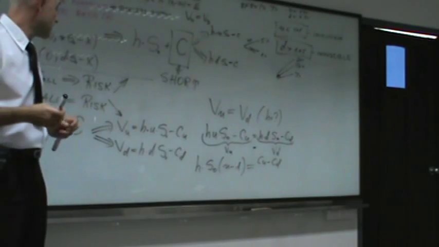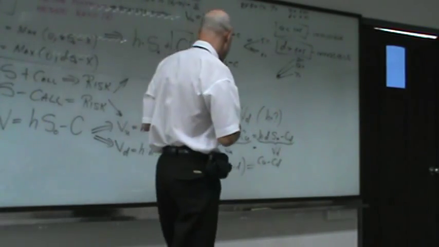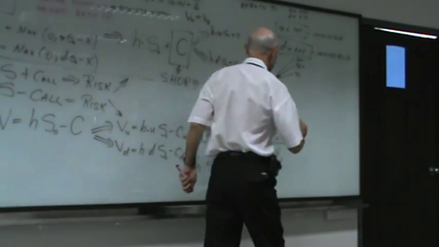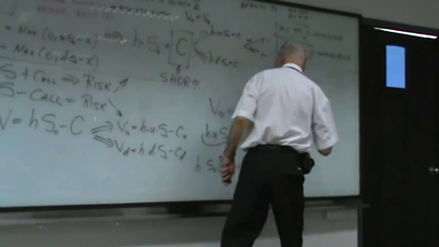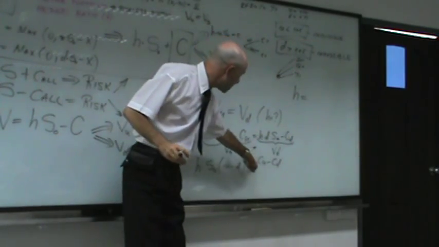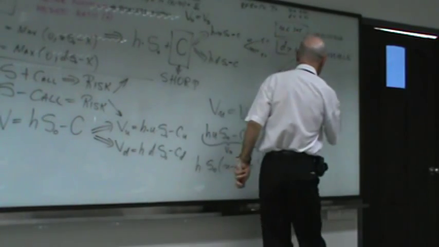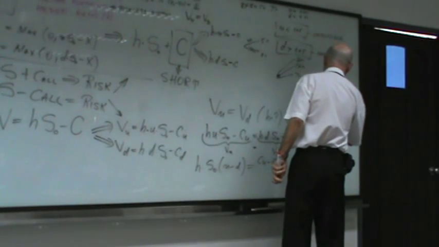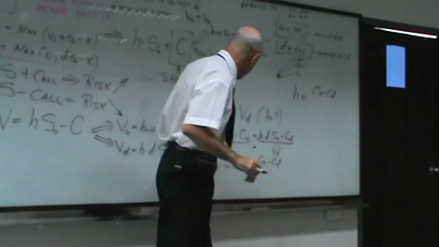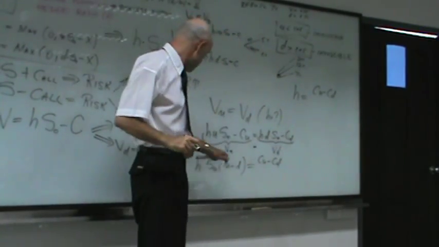Okay? So, H will be CU minus CD on the other side, CU minus CD. Here you got U minus D, U minus D.